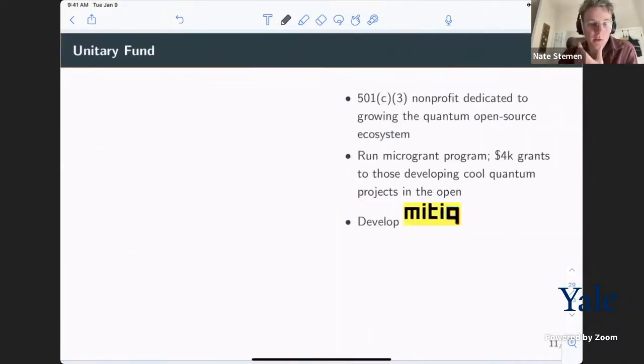Mitiq is one of the big ways that we also try to help with the quantum open source ecosystem. We think that error mitigation is a core technology that is important to at least the near-term quantum ecosystem. So we're here trying to develop new error mitigation techniques. We do some of our own in-house research for error mitigation, as well as implementing some of the other popular techniques.